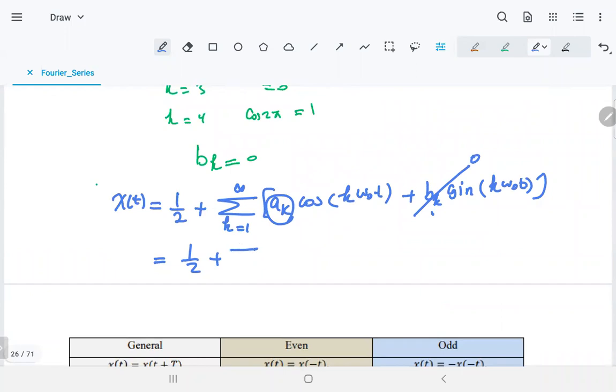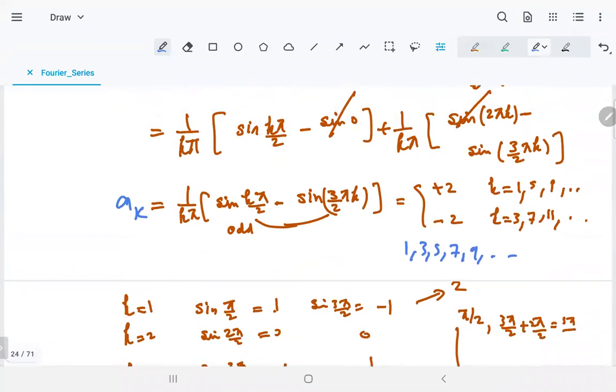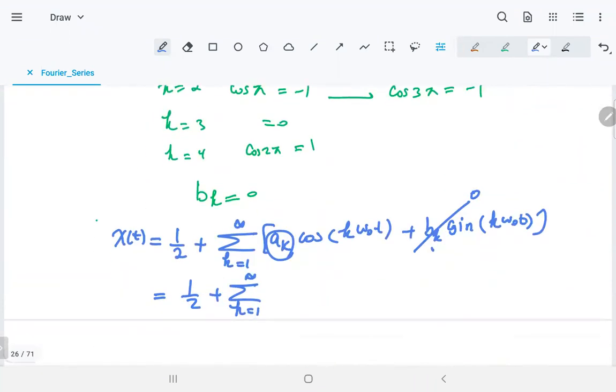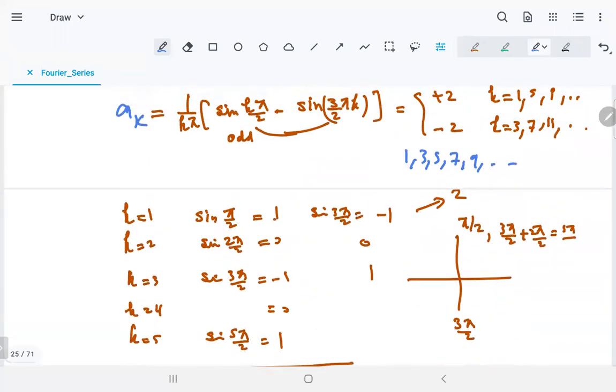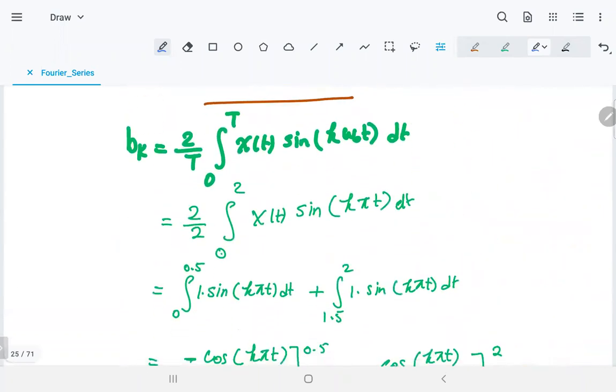So I'll say the summation k equal 1 to infinity, and I put the AK, which is this big term, 1 over k pi sine pi over 2k. It's just hard to remember. And then the other one, negative 3 over 2.